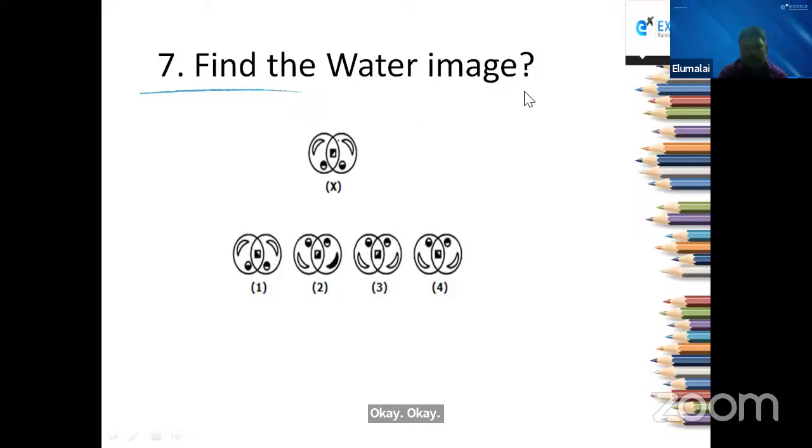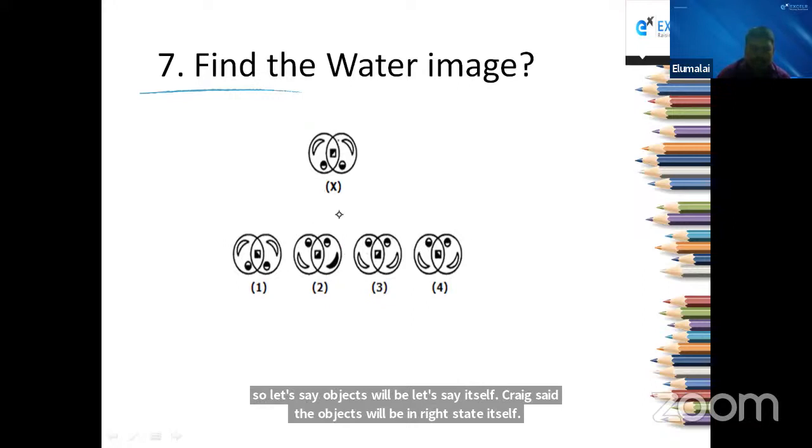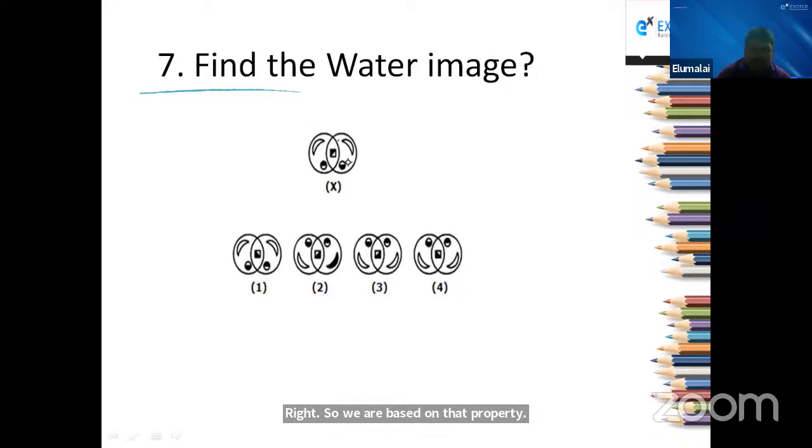Good. Right. See here, which objects? Very good. Right. Okay. So left side objects will be left side itself, right side objects will be in right side itself. Right. So here, based on that property, okay.